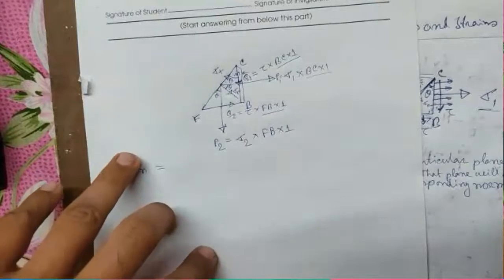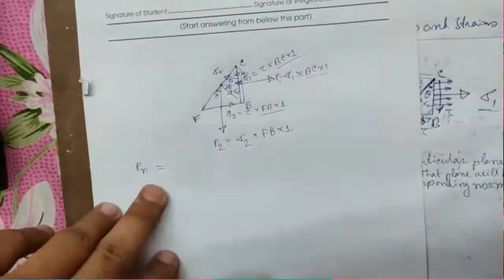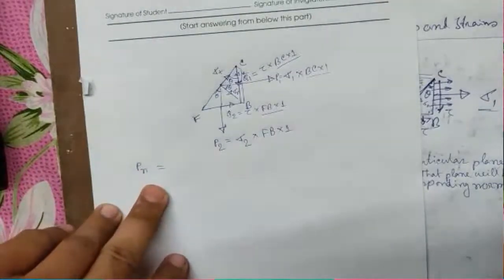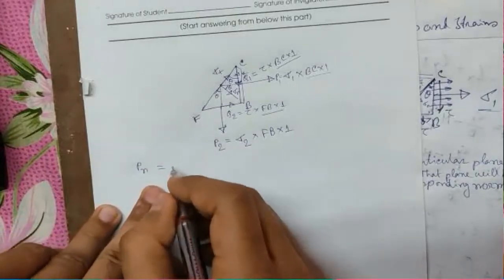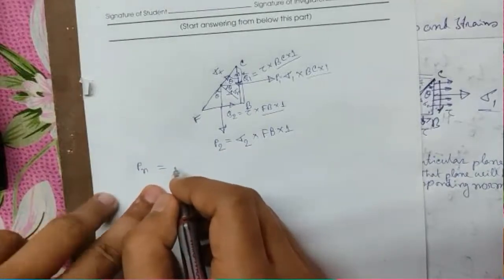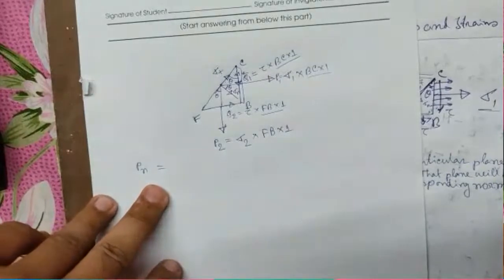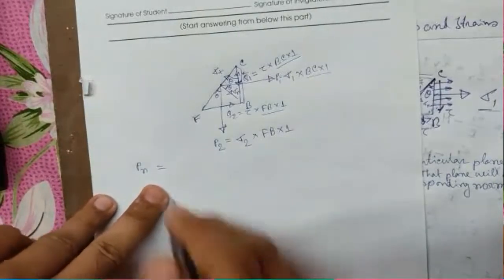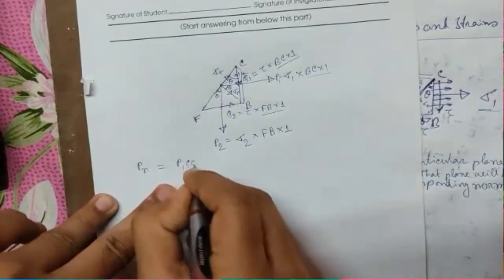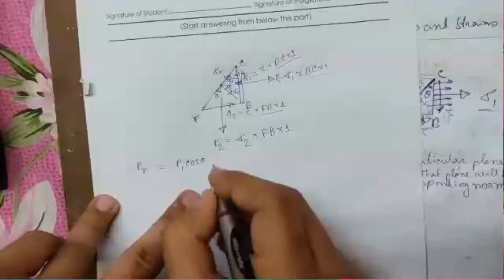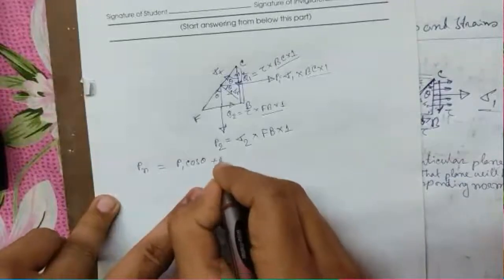Okay, fine. So now Pn, along the direction Pn, the component of P1 will be P1 cos theta. We just write that way and later we will solve them. We do not need to do step jumps, otherwise we will not understand later.